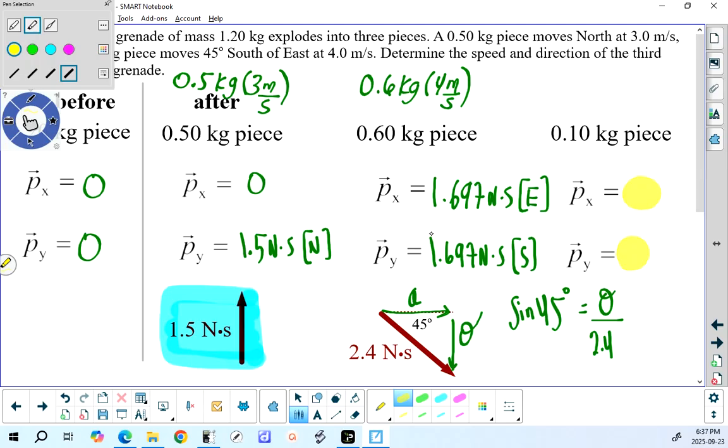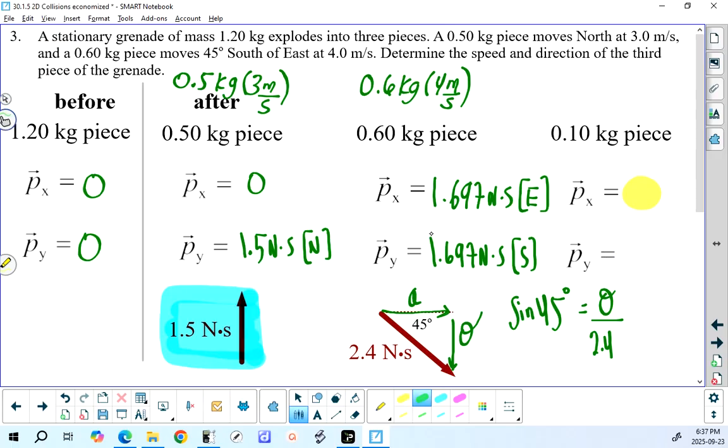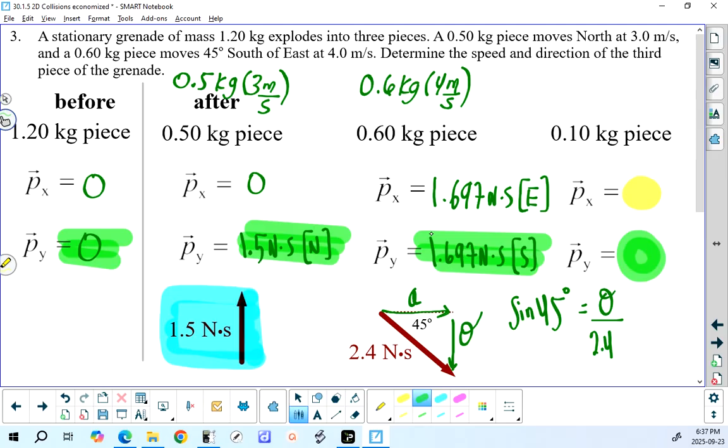But let me get to a different color here, sorry. We don't know what either of these are. But what we do know is that when I add up this, this, and this, I have to get nothing because that's the total y before.